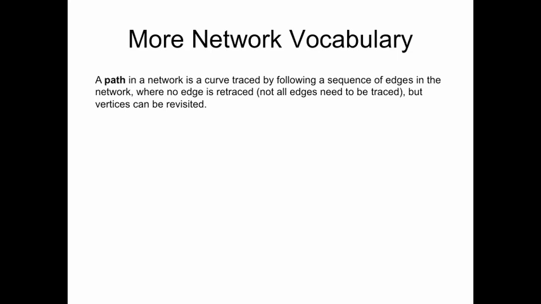A little bit more network vocabulary. A path is simply following a sequence of edges through a network. Okay? We say a network is connected if every pair of vertices can be joined by some path.